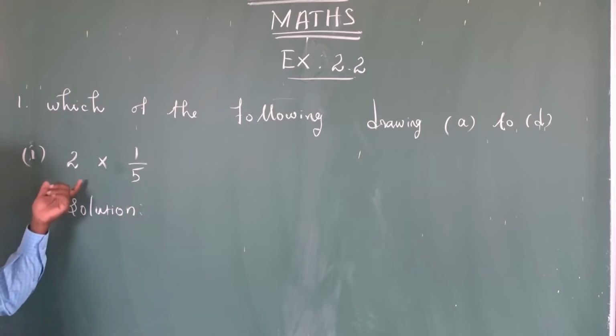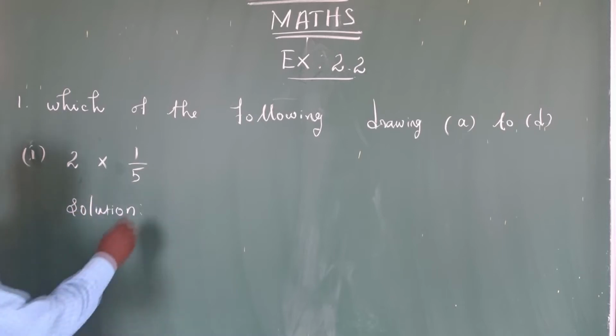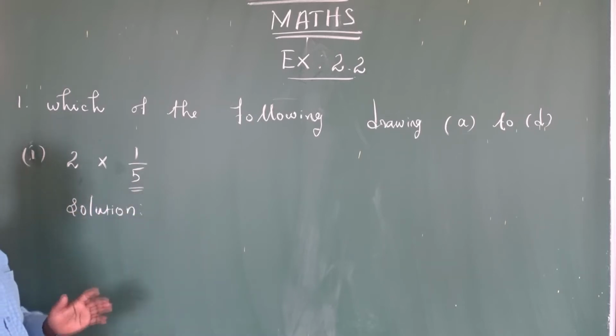Listen here. In 2 into 1 by 5, the first one, 2, is a whole number, and the second part, 1 by 5, is a fraction.